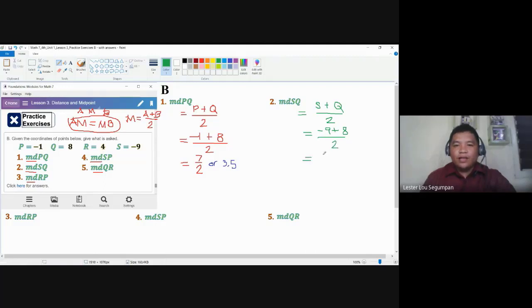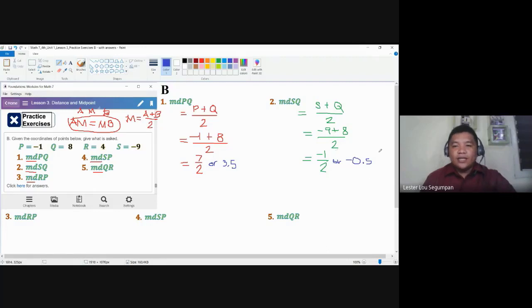Negative 9 plus 8 is negative 1, so you have negative 1 half, or you may also say negative 0.5. So this is the midpoint between points S, which has the coordinate negative 9, and point Q with coordinate of 8.